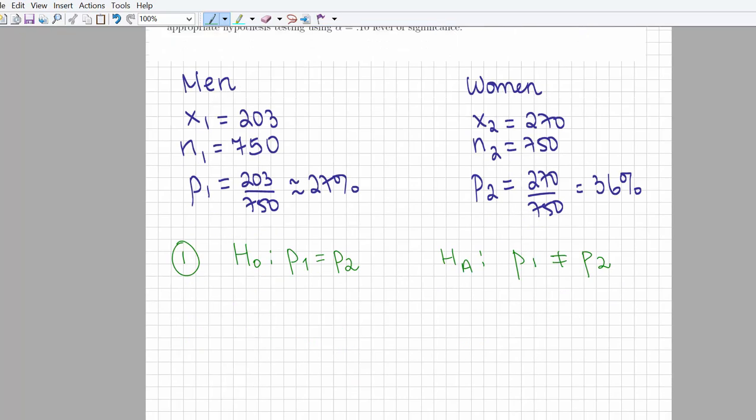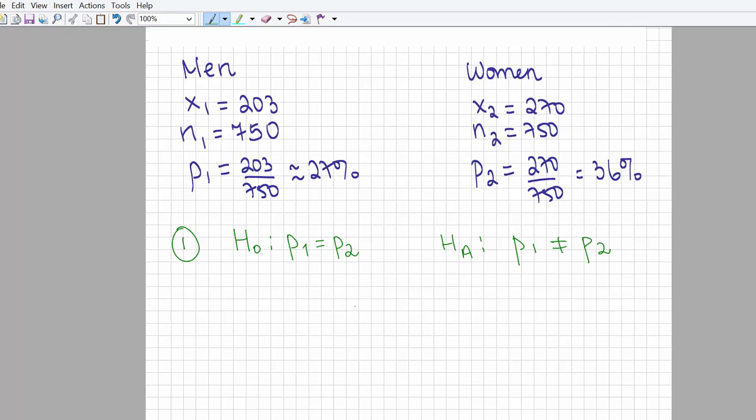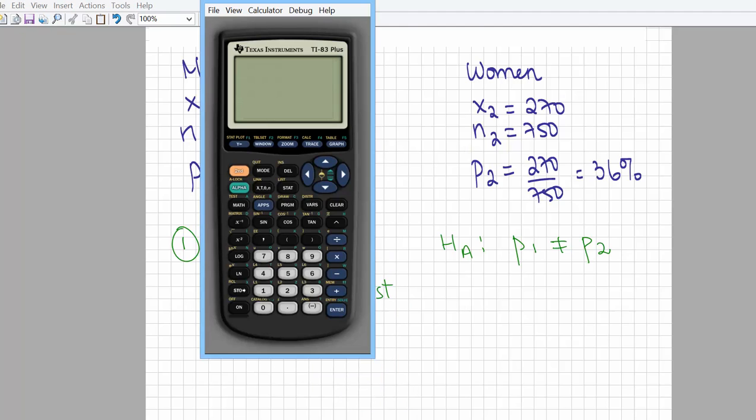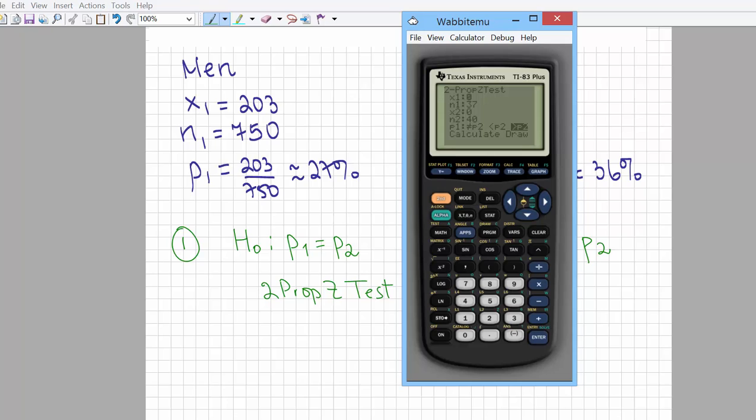And what is the calculator command that I'll be using? I have two samples, two proportions, so that's a two proportion Z test. My samples are large enough for me to conduct this testing, so let's go to our calculator, and we're going to go to stat test, and we're going to search for two proportion Z test, command 6, and now we need to plug in our numbers.